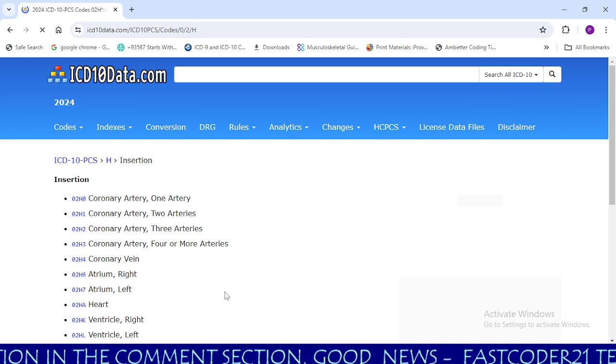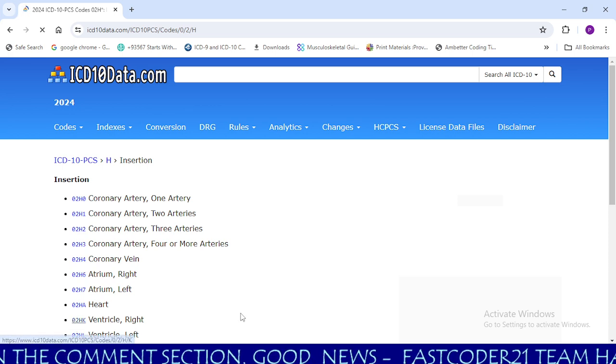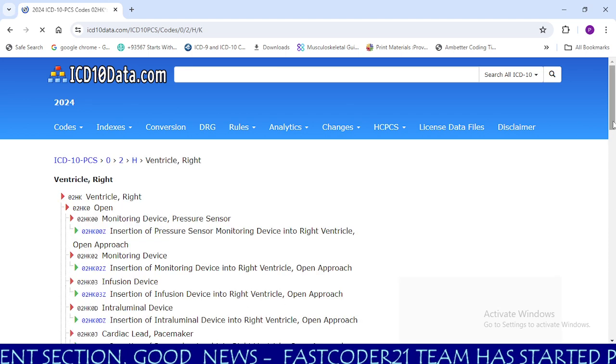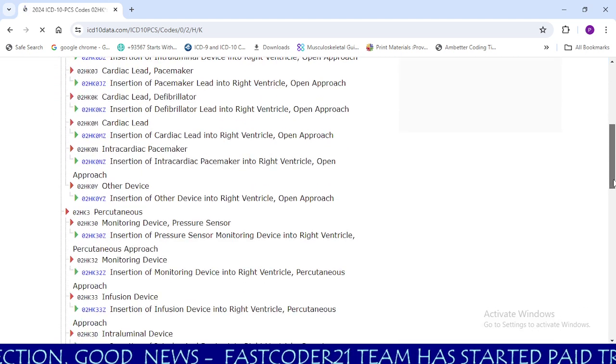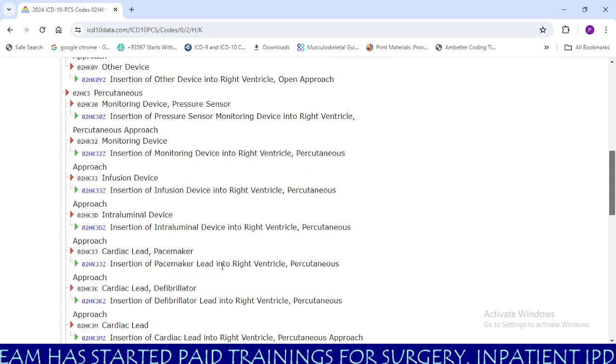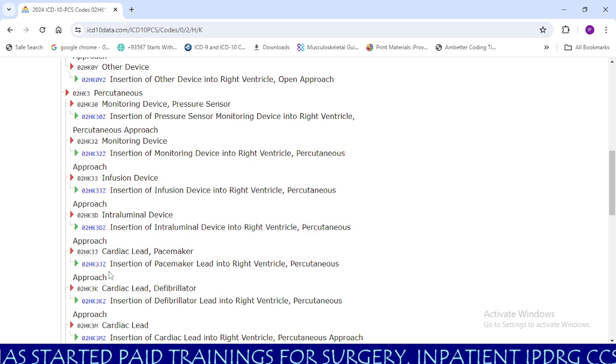So right ventricle comes under 02HK, and as usual we need to choose among these codes for insertion of pacemaker lead into right ventricle, percutaneous approach.